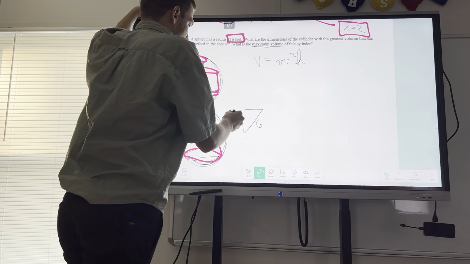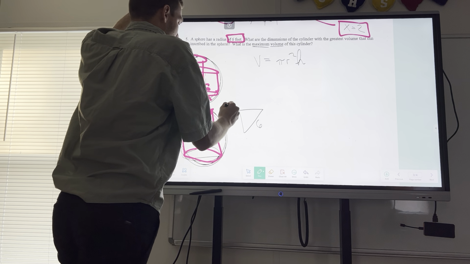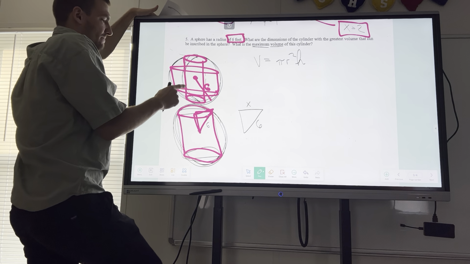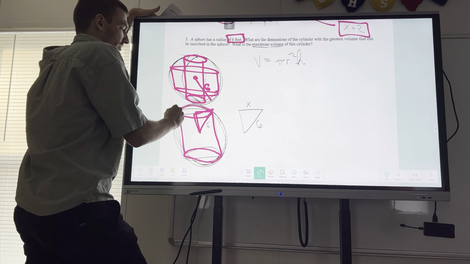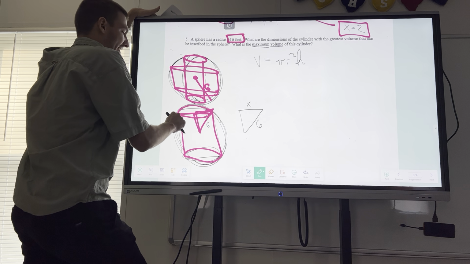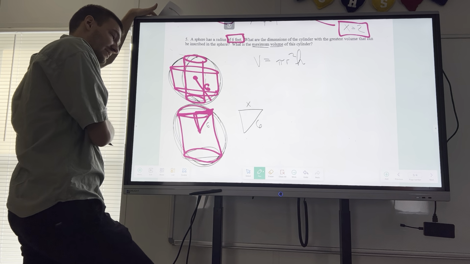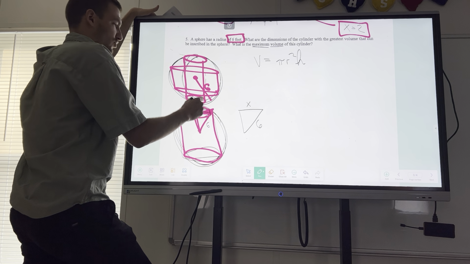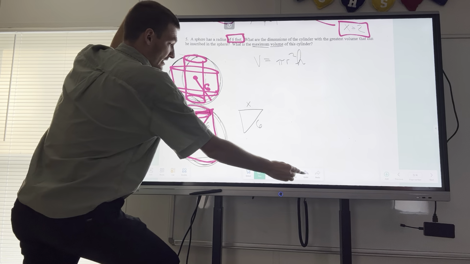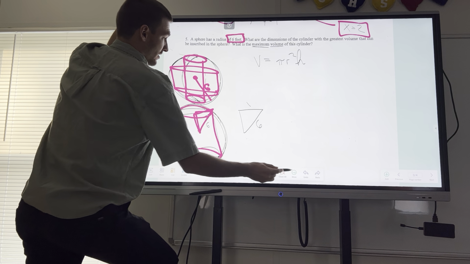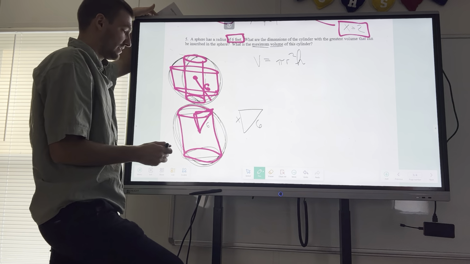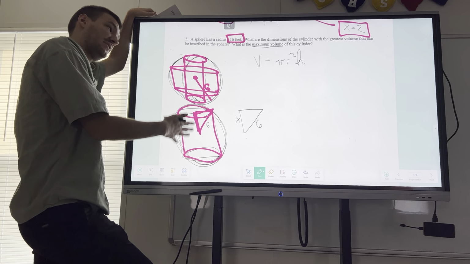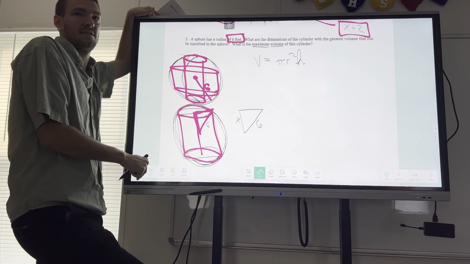So we don't know for sure if these are the same. But if we maybe call this one X, then the height of our cylinder would be 2 X's, 2 of those.